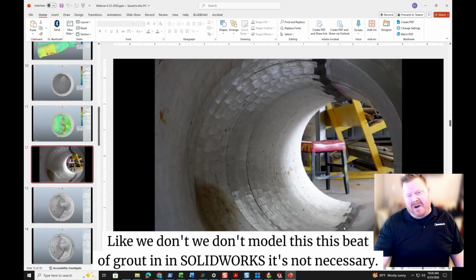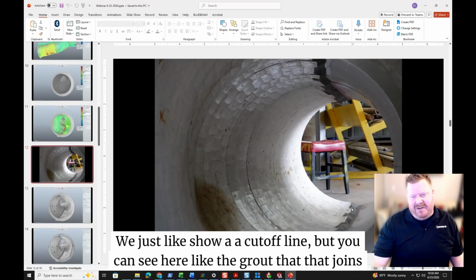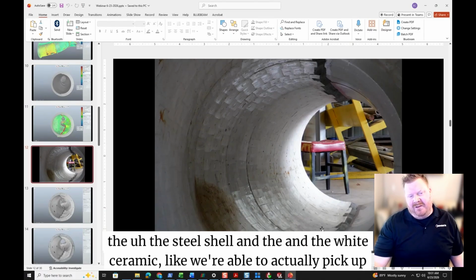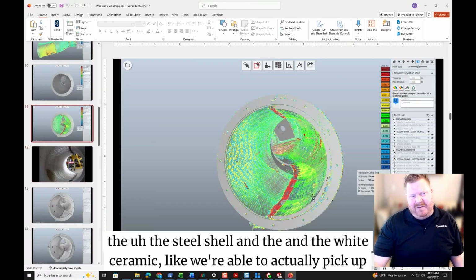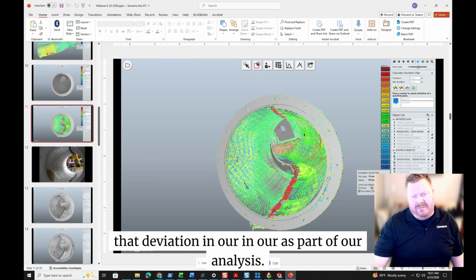We don't model this bead of grout in SolidWorks. It's not necessary. We just show a cutoff line, but you can see here the grout that joins the steel shell and the white ceramic. We're able to actually pick up that deviation as part of our analysis.